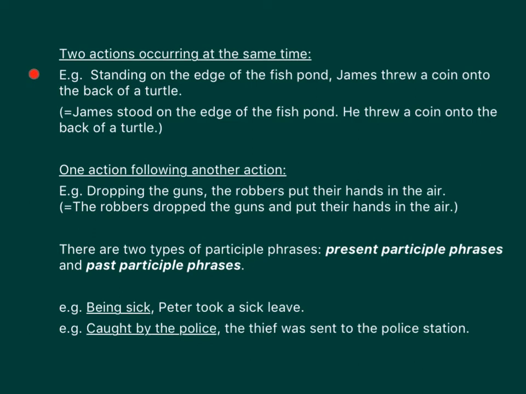Example, standing on the edge of the fish pond, James threw a coin onto the back of a turtle. We have two actions here. James stood on the edge of the fish pond and he threw a coin onto the back of a turtle. And he's doing both at the same time.